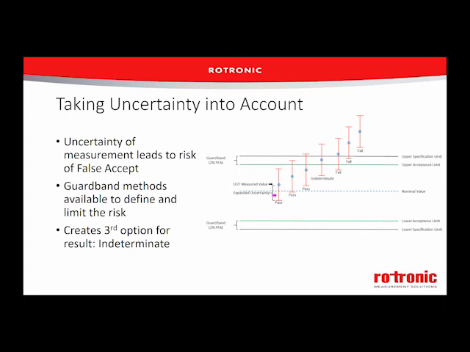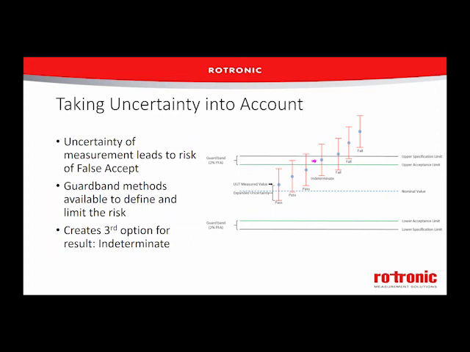And so we just want to look at what happens as that measurement point approaches our specification limits. You can see in these first two examples, it's pretty simple. Even the uncertainty bars are within the specification limits. Pretty easy to say that these are pass. The challenge gets to be when the uncertainty value crosses over the specification limit. There's always a risk now that even though the measured value is within the specification limits, this unit is actually out of tolerance.